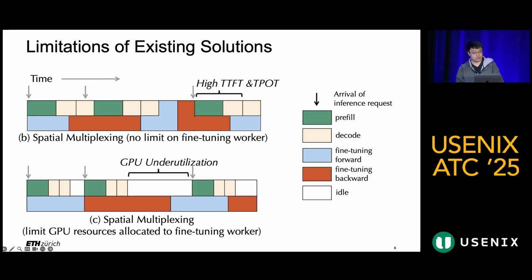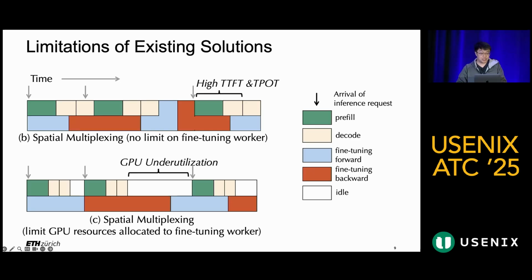We can also use spatial multiplexing, like NVIDIA Multi-Process Service. If you don't limit the GPU resources on the fine-tuning task, then you will have a high time to first token and time per output token, because the fine-tuning will use most of the resources.